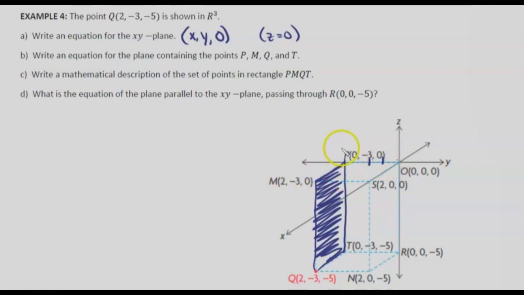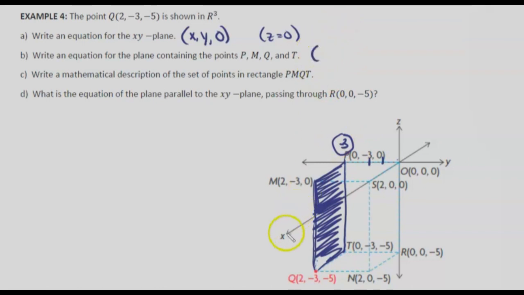So 1, 2, yeah. So this is like -3. But this plane is in the X direction because it goes this way, and the Z direction. So what we want to focus on here is this -3. This plane is located when Y equals -3.